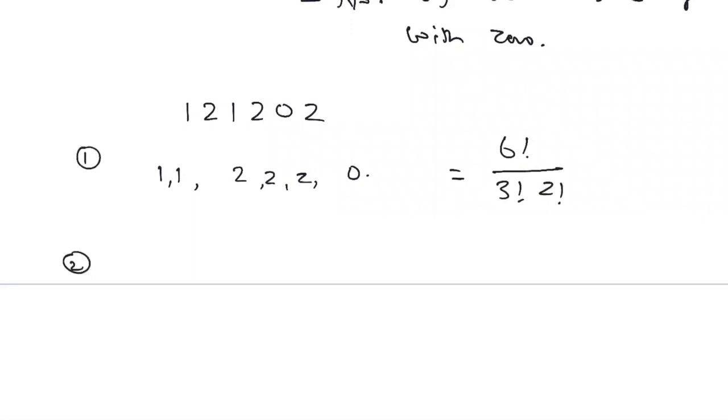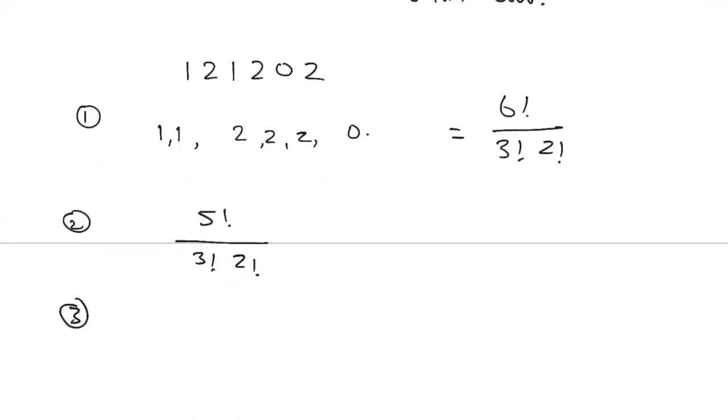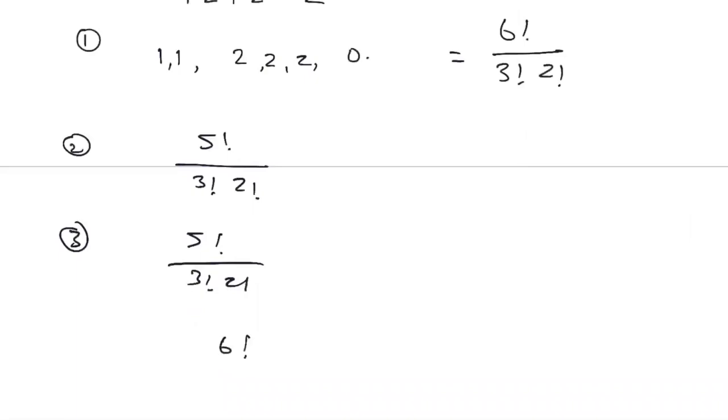Obviously the same thing will be there, but the arrangement of 5 numbers, factorial 5 by factorial 3, factorial 2. And third, ending with 0, again the same thing. So what we are getting is factorial 6 by factorial 3 factorial 2 minus 2 times factorial 5 by factorial 3 factorial 2, right? So this could be the answer. You can calculate this.